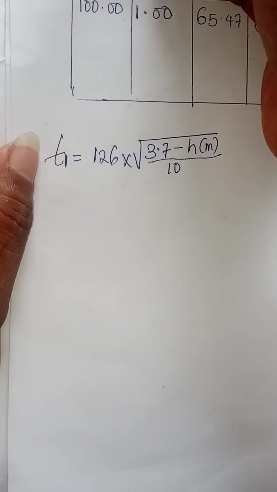Like the first one, T1 is 126 times square root of 3.7 minus this h here, which is 0.2. So I will come here and put 0.2 divided by 10. When you solve this, you get 74.54. You come and write it, okay?